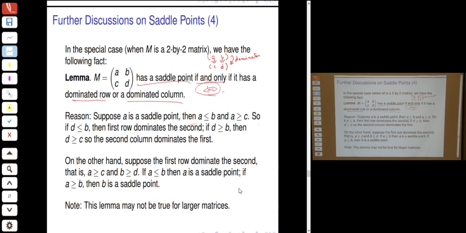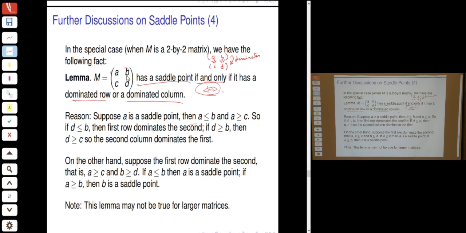So this means in particular that if you are told that there is no saddle point, then there must not be any dominated row or any dominated column. How can we use that?